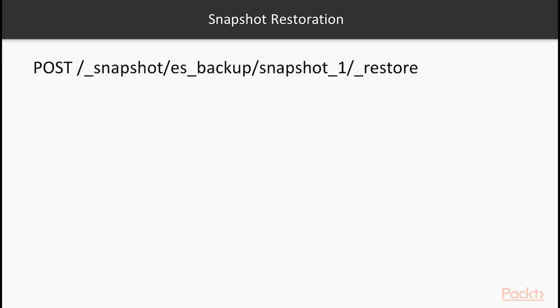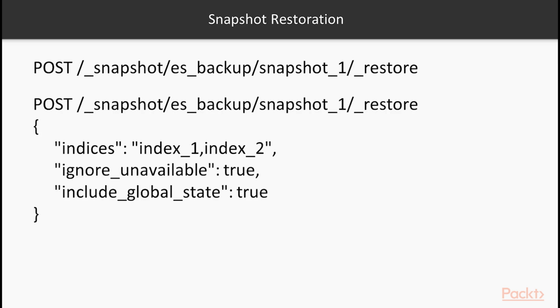Snapshot restoration is achieved by using the post verb along with the restore endpoints. As such, this will result in all indices in the snapshot being restored. Here, we have an example of restoring two indices, index_1, index_2. Please remember that by default, if you're restoring an existing index, it must be closed at the time of restoration.